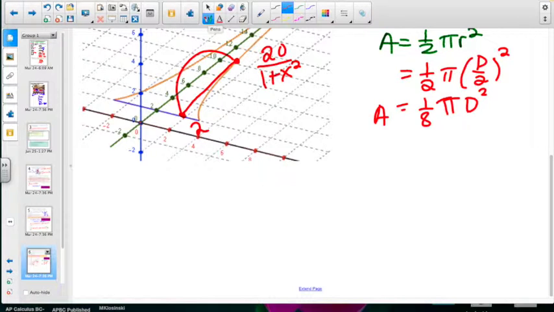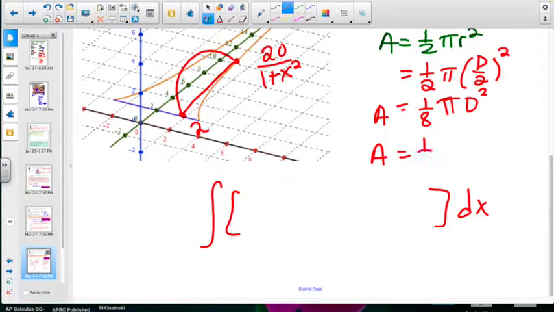So when I set up my integral then, how much is my diameter? Yeah, it's this minus this.